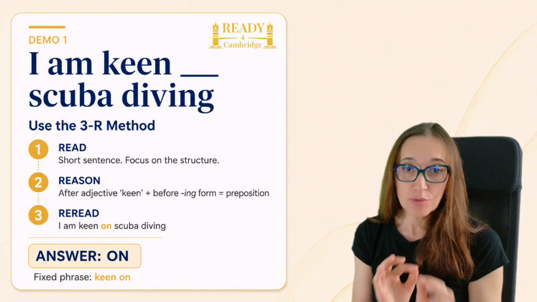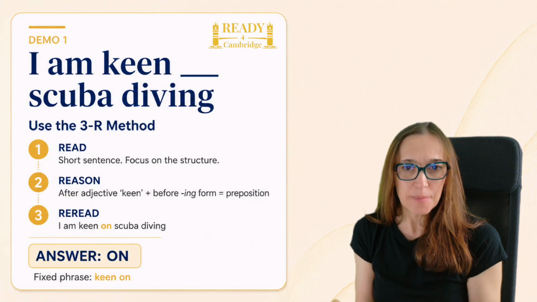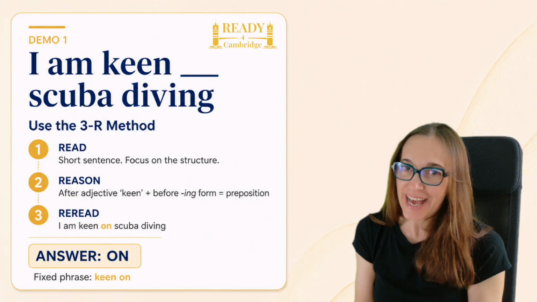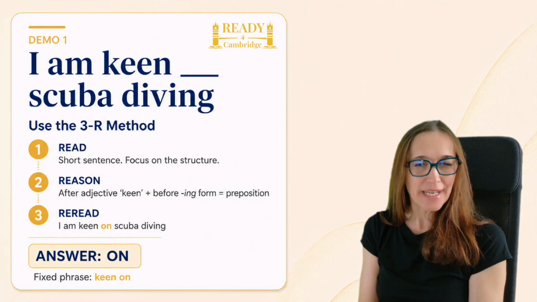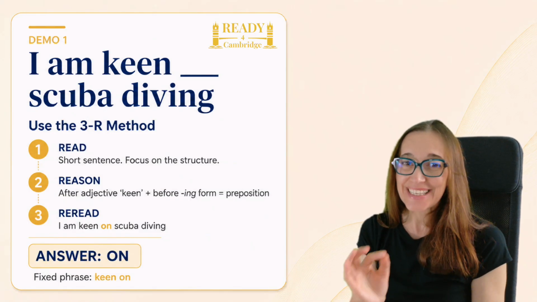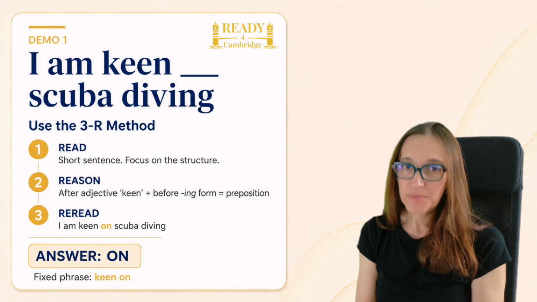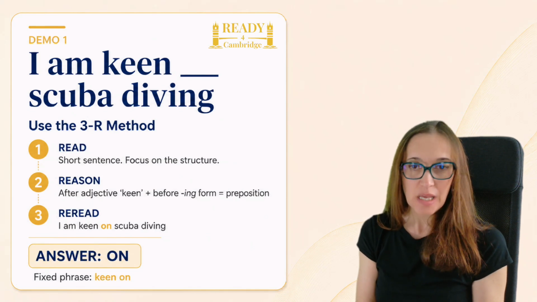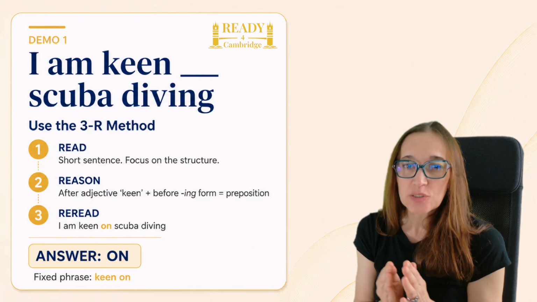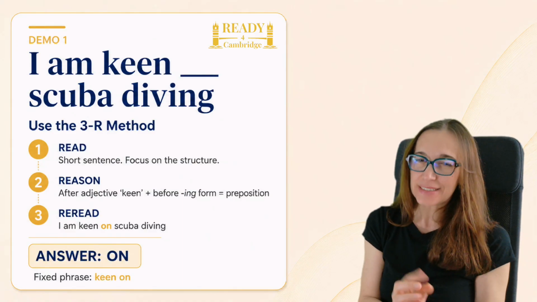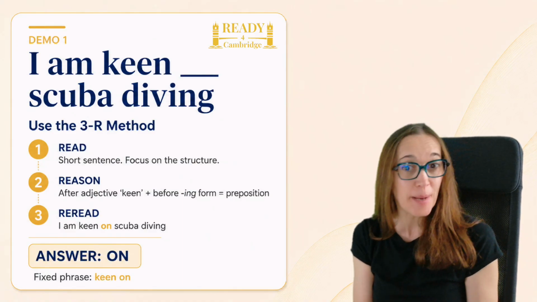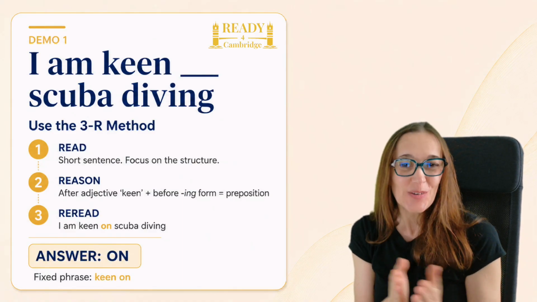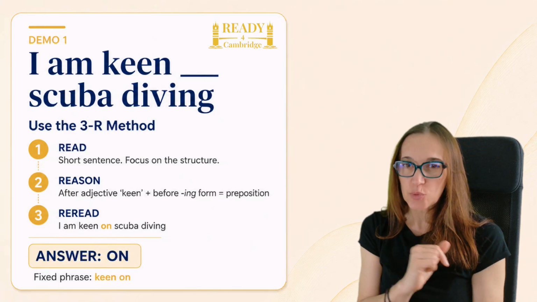Step 2, reason. Where is the gap? It's right after the adjective keen and right before a verb in the ing form. Now I ask myself, what type of word goes between an adjective and a gerund? A preposition? So I need a preposition, but which one?